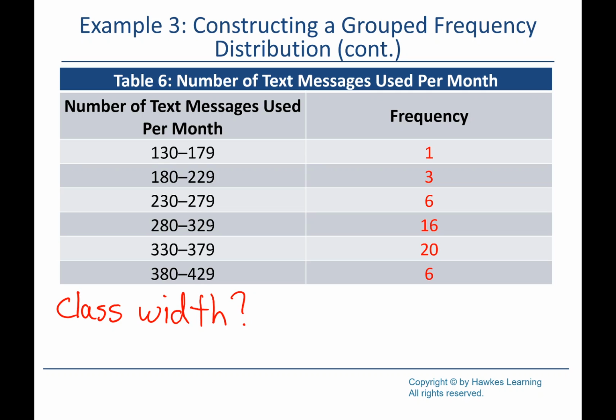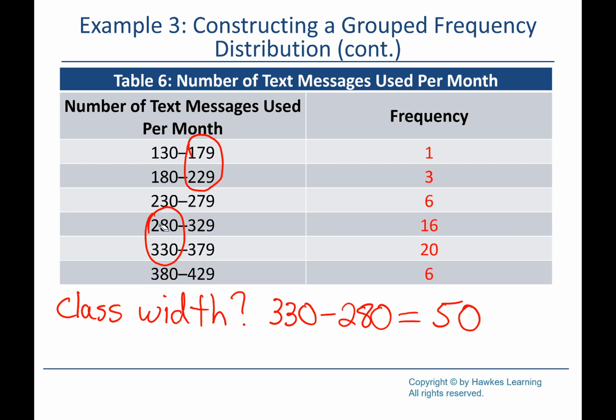If you do that, you're missing one thing, because the way we need to subtract is we need to take two upper limits or two lower limits that are next to each other and subtract those. So we'll do the easy one. If we do 330 minus 280, then our class width is 50.